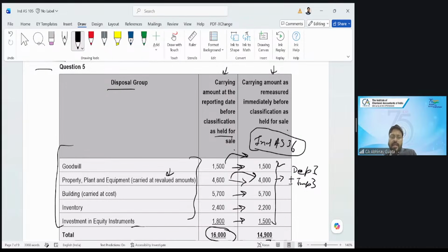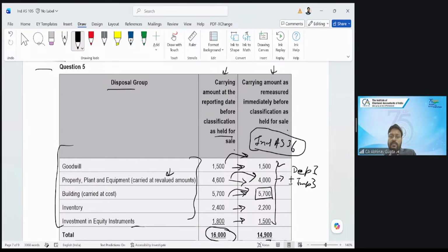Building carried at cost, so 5700, 5700. I'm not sure why the depreciation has not been given effect. But because of the information given in the question, we cannot challenge, right? So we can safely assume that building 5700 is the right amount on the date of the classification.